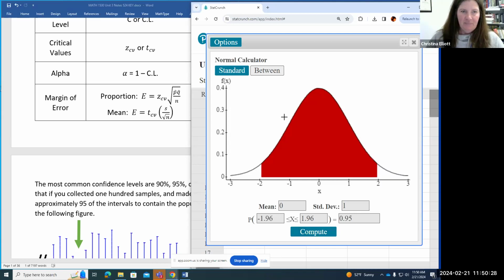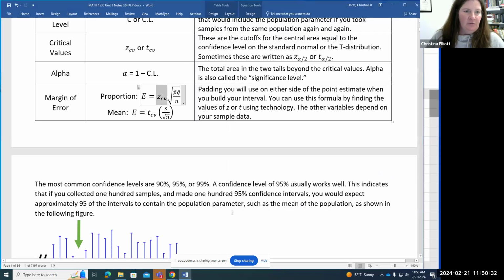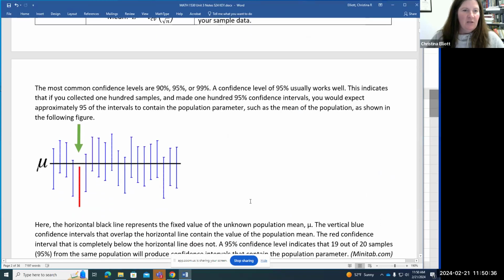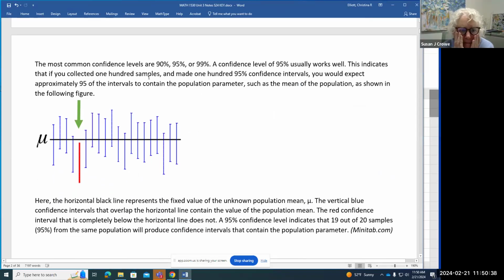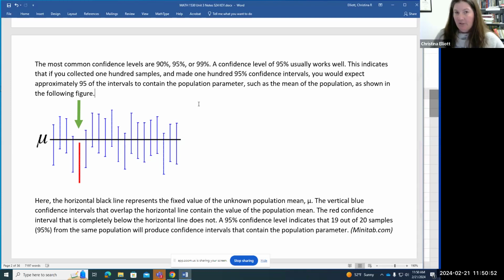So back to confidence level. We said that the most common confidence levels are 90%, 95%, or 99%. This image represents what would happen if you took, say, 20 samples from a population and created 95% confidence intervals.